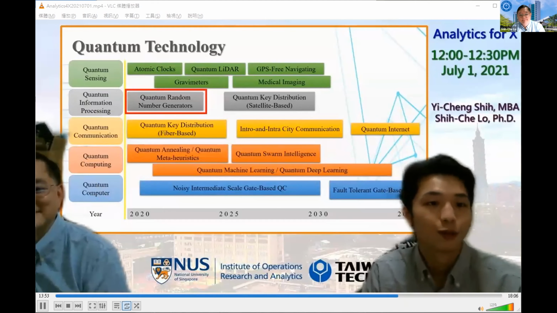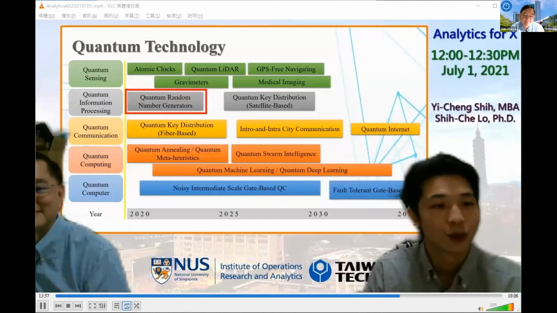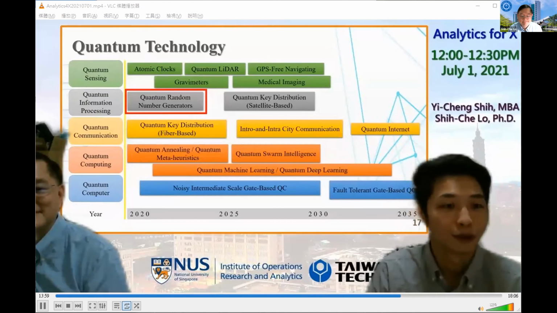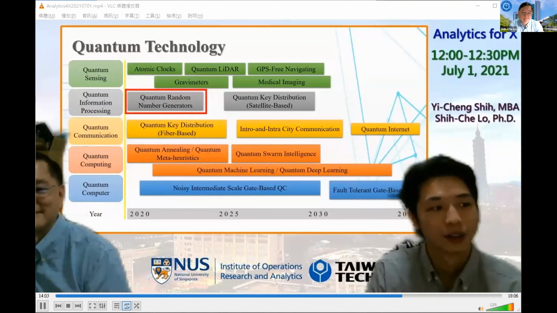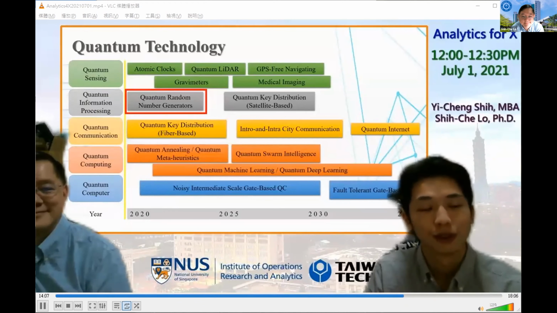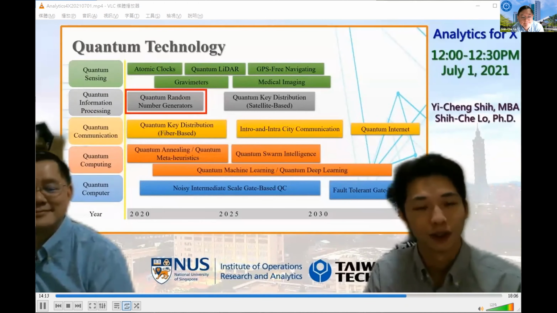The quantum random number generator we have used is in the quantum information processing field. QRNG can provide a true random number because of the inherent randomness of quantum systems, and make the quantum system become a perfect source of entropy.